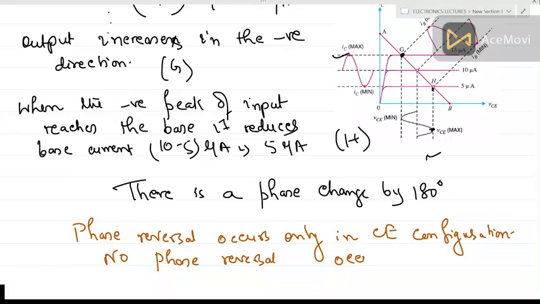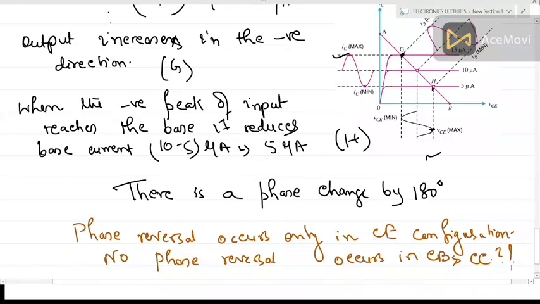No phase reversal occurs in CB and CC. Now this is a question. I think you should think on this question, why it is so, and then we can discuss, or if you wish, I will discuss it in a separate lecture.